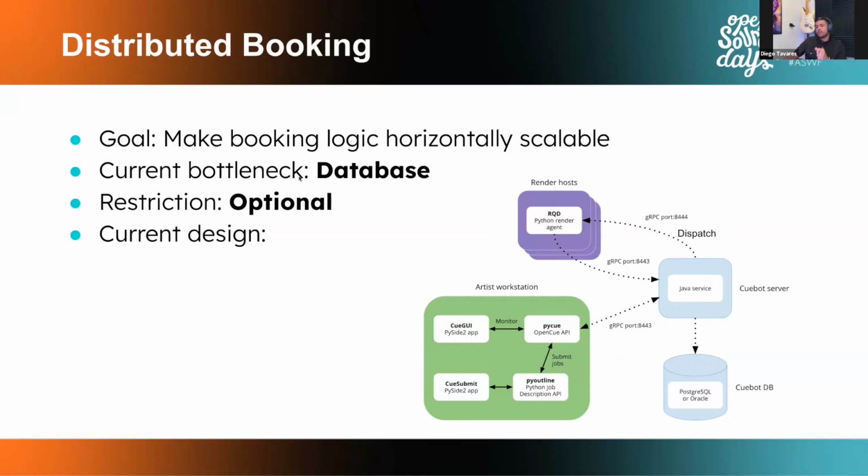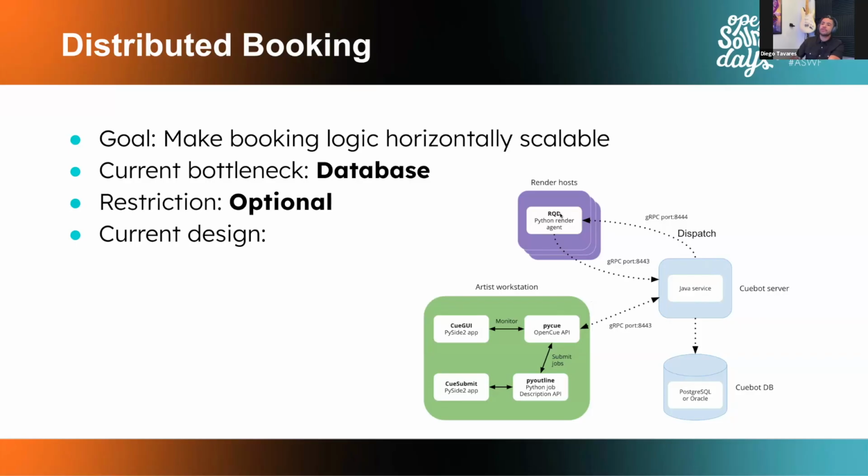And one restriction we have for this new solution is that it has to be optional. Although the current solution doesn't work well for very large render farms, it works very well for small and medium-sized render farms, and even large but not huge render farms. And it's very simple to set up. It's a simple Java server, a database, and a Python, now a Rust agent.